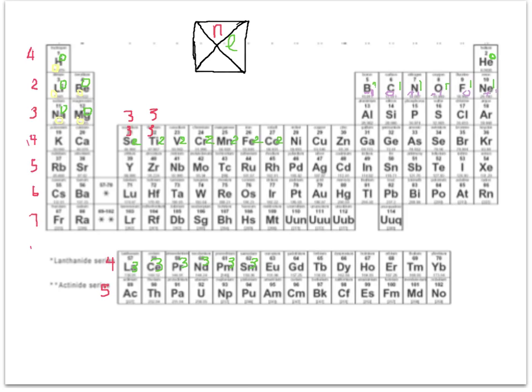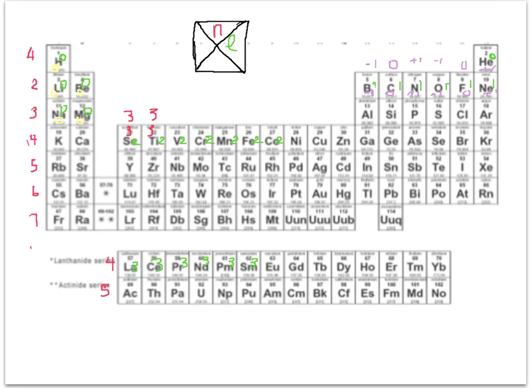Again, it's -1 for the first electron in the orbital. The first electron in the next orbital will be 0. The first electron in the third orbital will be +1. And then we start back again at -1, 0, and +1.